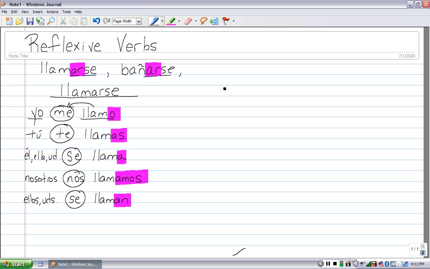You only do this with the verbs that end in se. So the verb bañarse, which means to bathe. If you want to say I bathe, it's yo me baño. The tu form is tú te bañas.